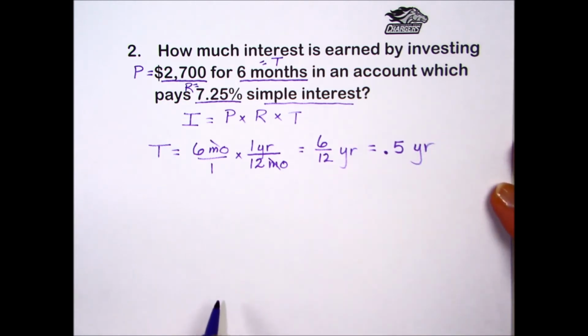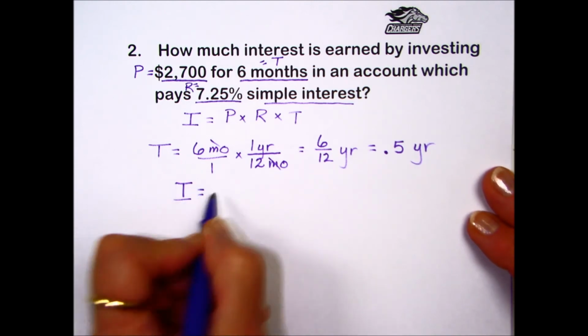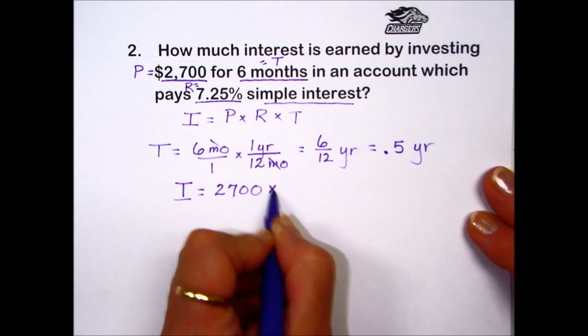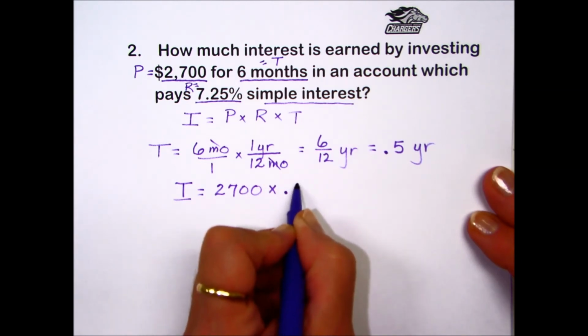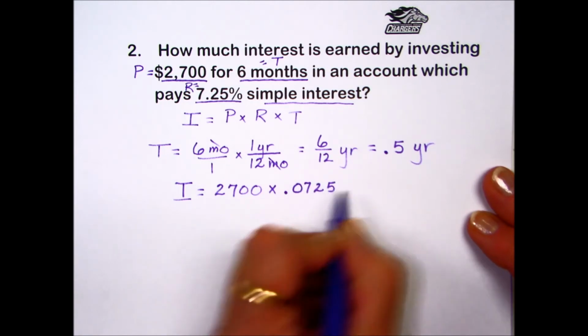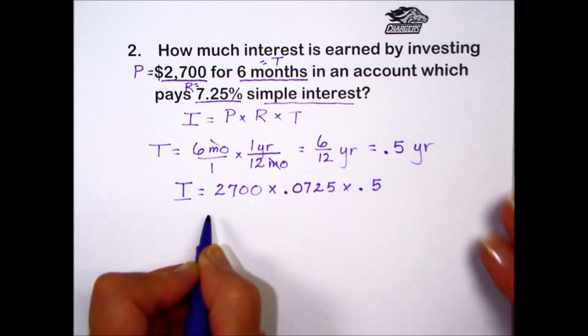Now we're ready to calculate the interest by taking the principal, $2,700, times the rate as a decimal, moving that decimal place 2 to the left, so 0.0725 would be the interest rate, times the time of half a year.